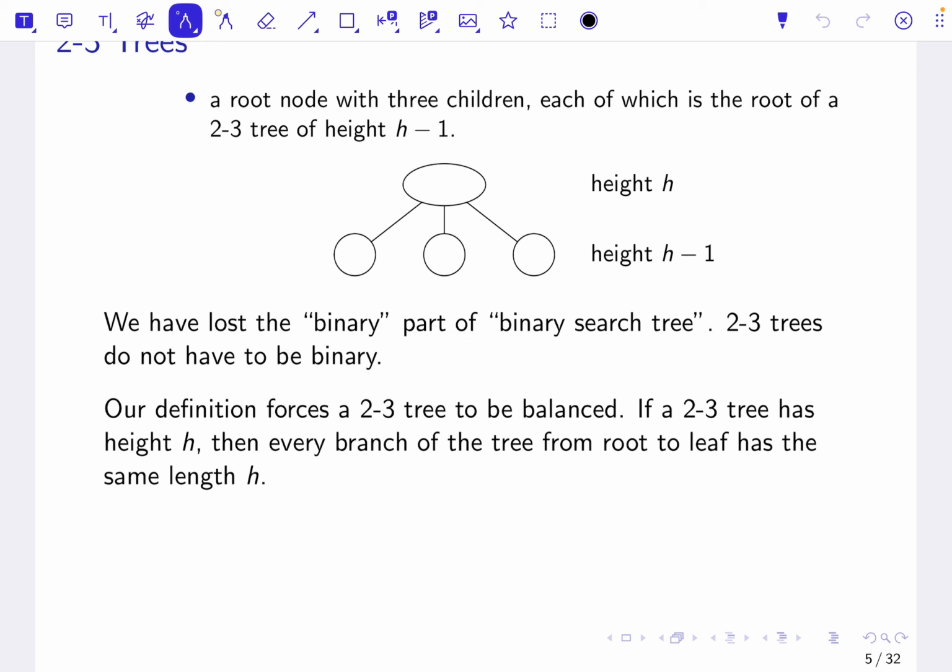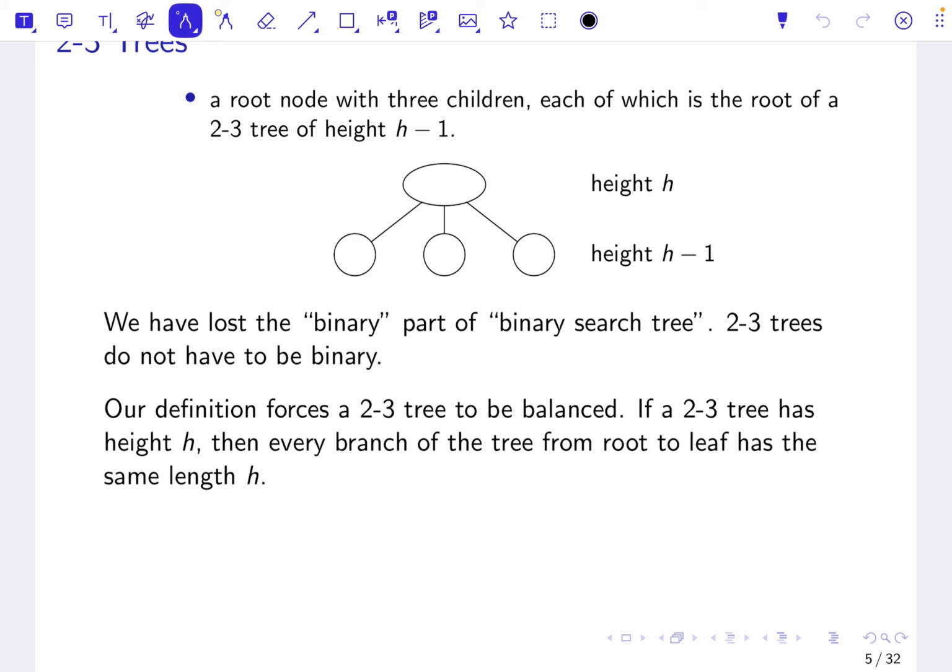So they're not binary anymore. We've lost the binary part of binary search tree because 2-3 trees can have nodes with three children in them. And this probably, like most likely, isn't clear right now, but our definition actually forces 2-3 trees to be balanced.